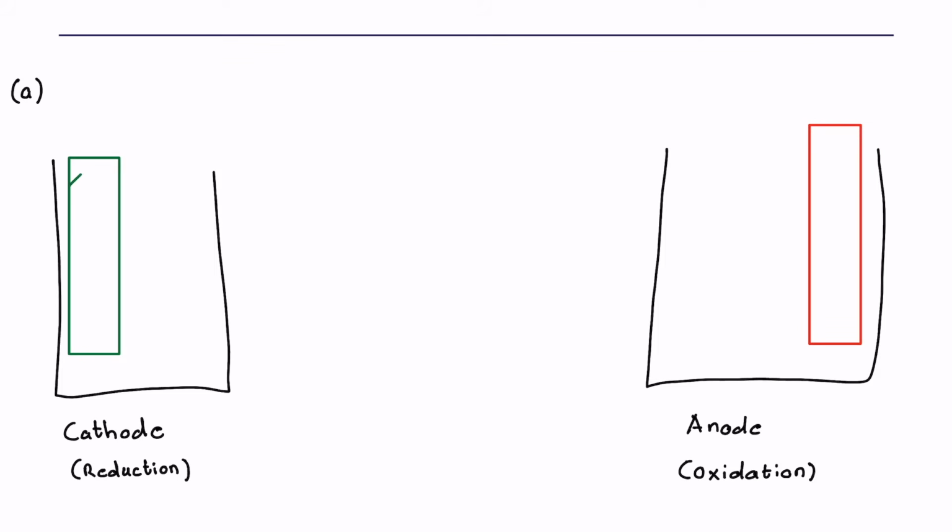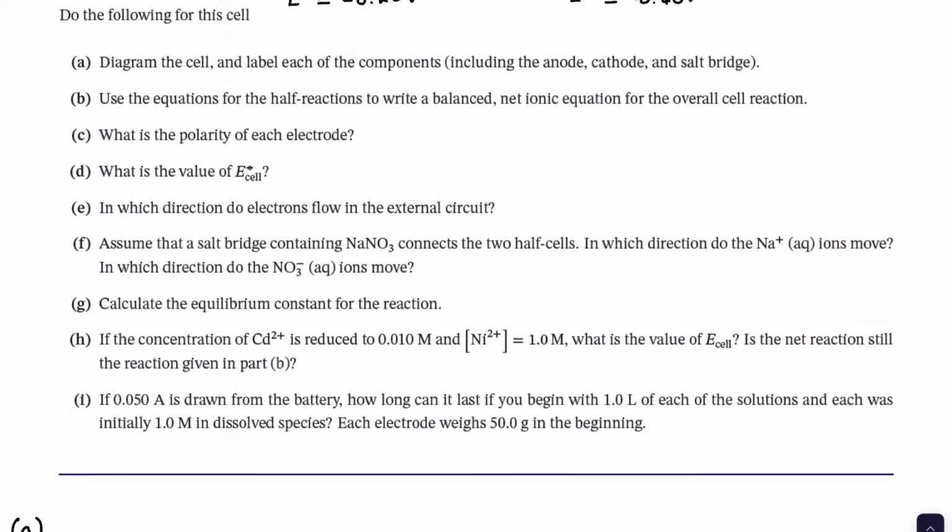These are solid electrodes. So this is nickel solid, and this red one is solid cadmium. I'll put it there. Cadmium solid.